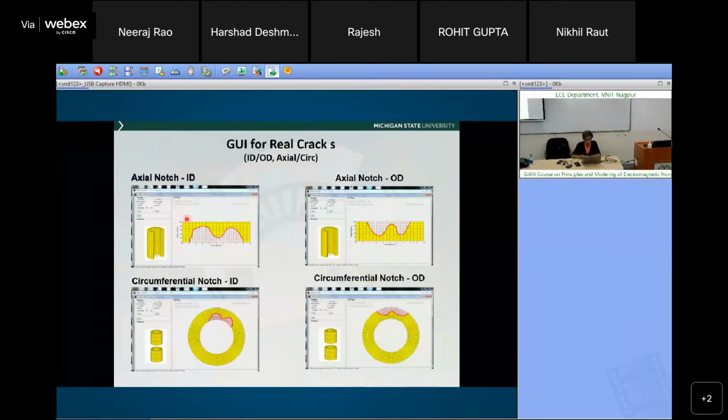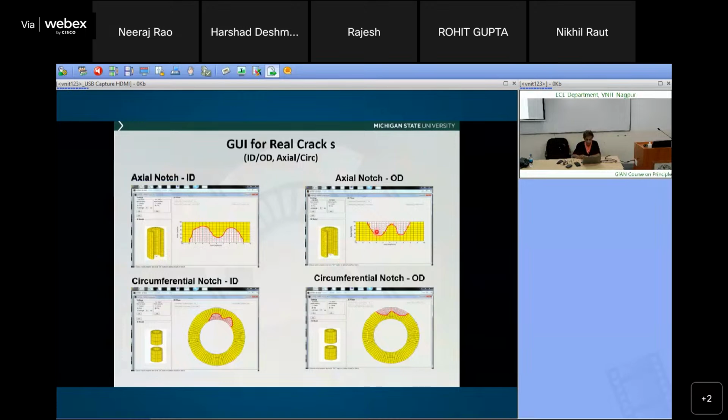When you have an axial notch they want to introduce, you open up a mesh and then you can hand draw the profile with a cursor. Or if you know a profile that was destructively determined, we can read the depth profile along the axial direction from a file.